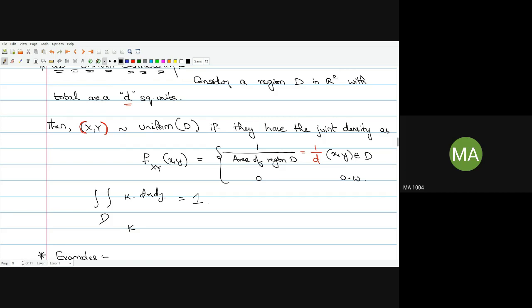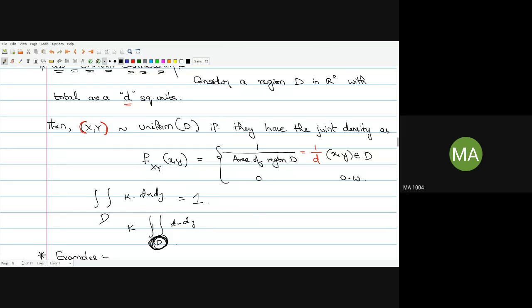So k you can take common, times the integral over region D of dx dy. This region D is nothing but the support. If I double integrate, you will get the volume under region D.